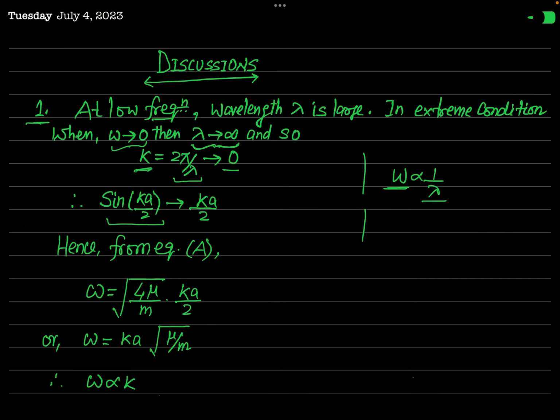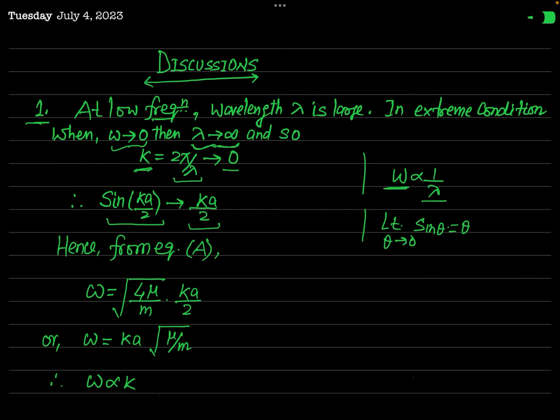As you know from calculus, in the limit theta tends to 0, sine theta is equal to theta. So here, since k is tending towards 0, ka by 2 will also tend to 0, and in this limiting condition sine ka by 2 will be simply equal to ka by 2.